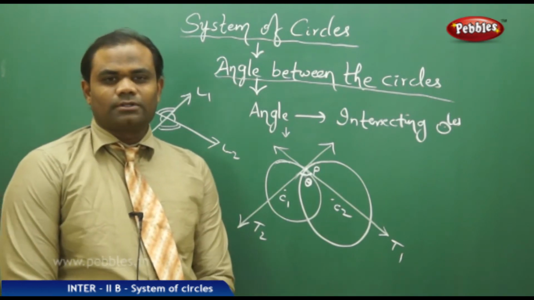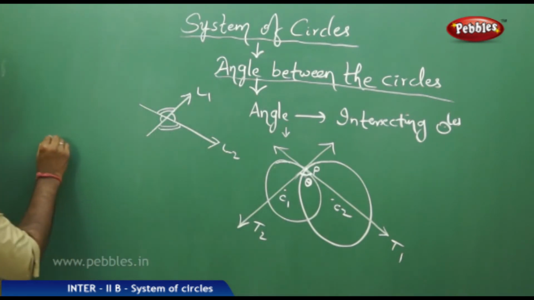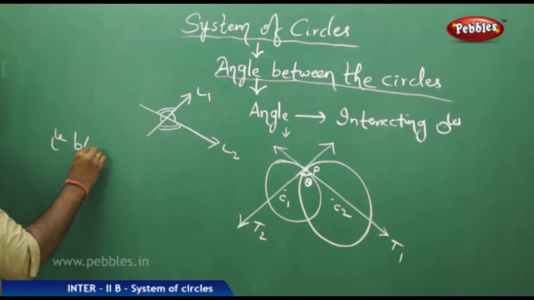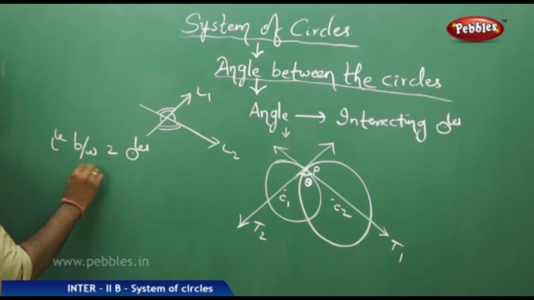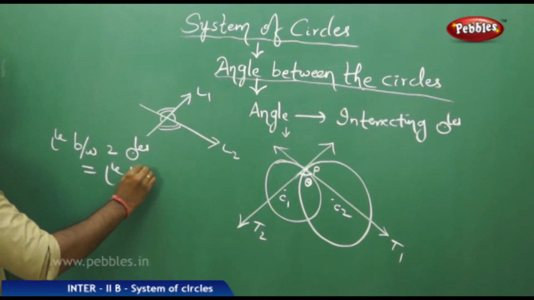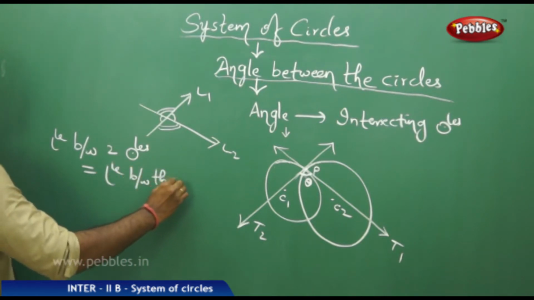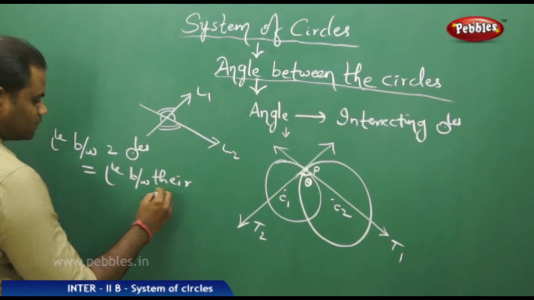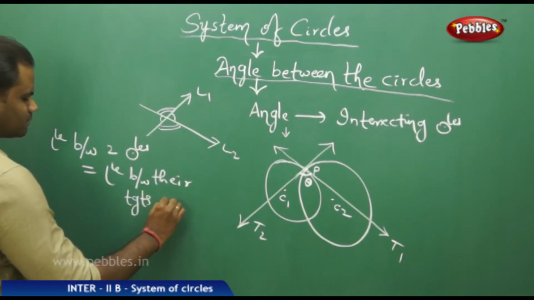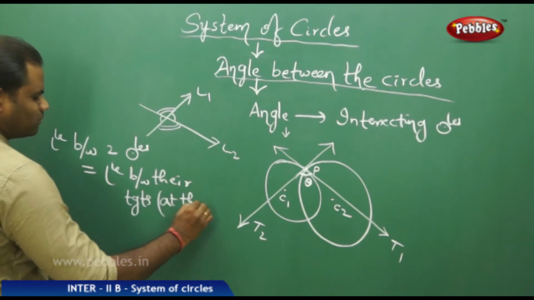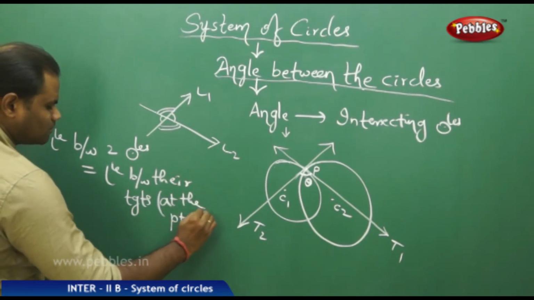It is very important to note that the angle between two circles is the angle between their tangents at the point of intersection.